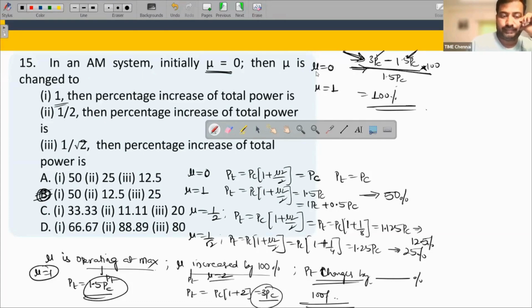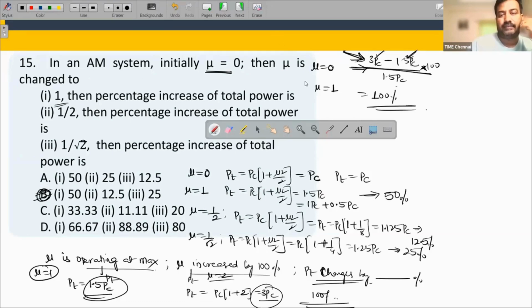Any doubt? Is that clear, the procedure? Okay.